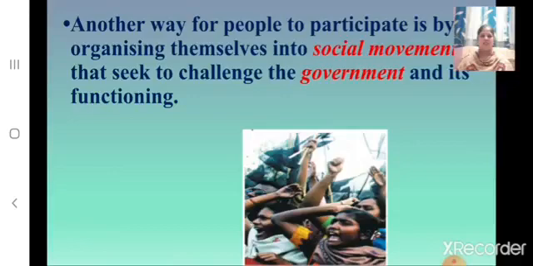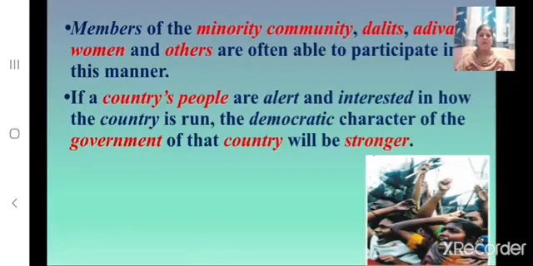So children, what is another way for people to participate? Another way for people to participate is by organizing themselves into social movements. And members of the minority community, dalits, adivasis, women and others are often able to participate in this manner.